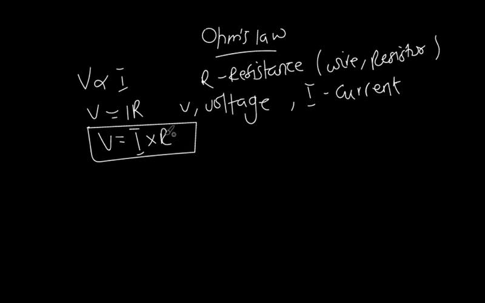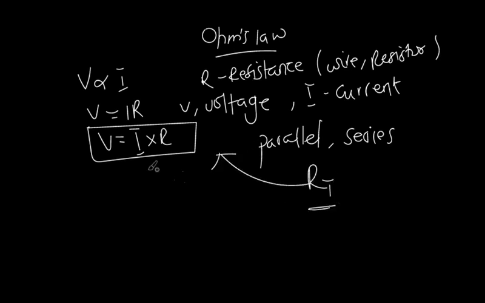Assuming we have resistors connected either in parallel or in series, how do we get the total resistance before we use it in Ohm's law to get either the voltage or the current? This is really important, and we need to go through that.